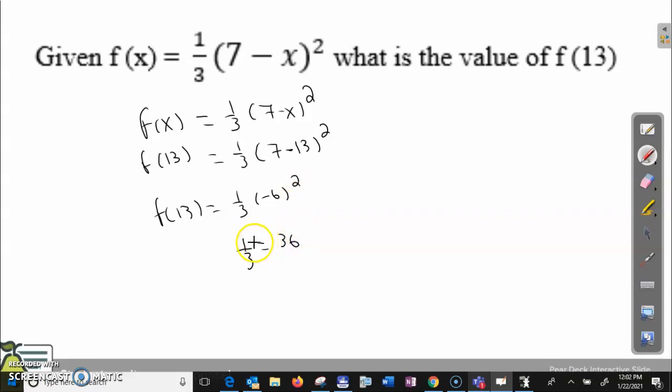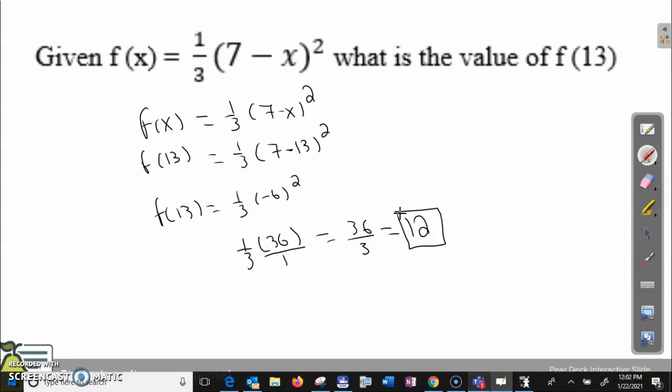So this should be 1 over 3 parentheses 36. So you have to multiply a fraction to a whole number. Make the whole number into a fraction. Multiply across. 1 times 36 is 36, and then at the bottom, the denominator, 3 times 1 is 3. 36 divided by 3 is 12. And that is your answer.